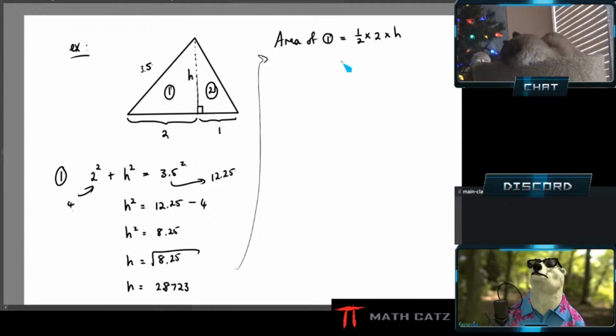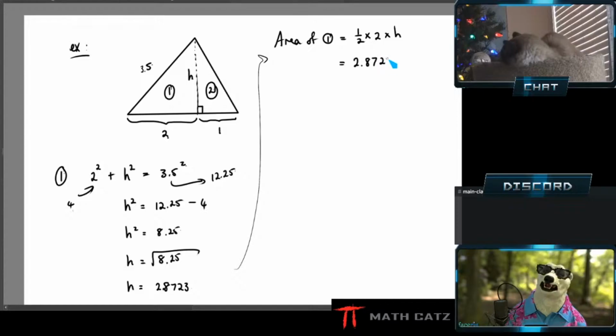And when I do this calculation, I'll use the most accurate version of h that I have. Well, it's actually not even necessary to do, right? When I look at this, the half and the 2 cancel, and I just get h. So that was nice. I'm always happy for little conveniences like that.